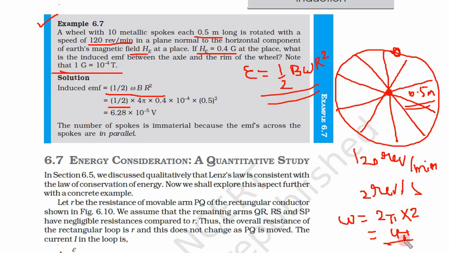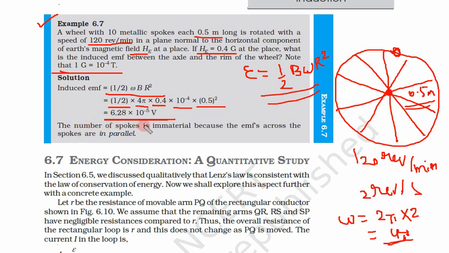Omega is 4 pi, because 120 revolutions per minute means 2 revolutions per second, that is 4 pi radian per second. B is 0.4 into 10 to power minus 4 Tesla. The radius is 0.5 meter, so 0.5 square. When you solve all this, you get 6.28 into 10 to power minus 5 volt, which is a very small value.